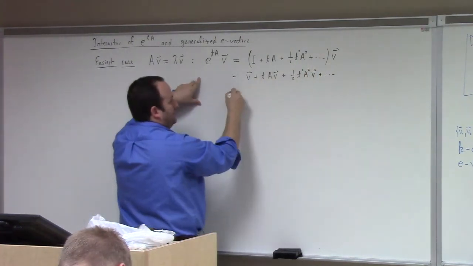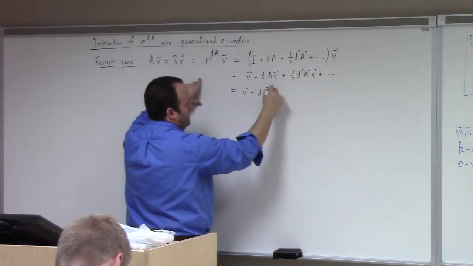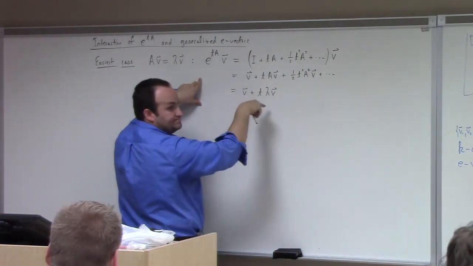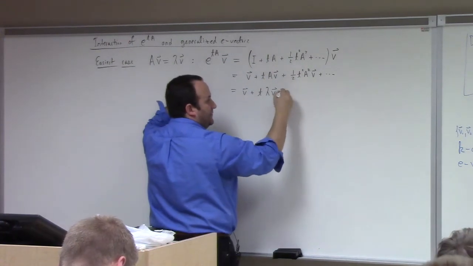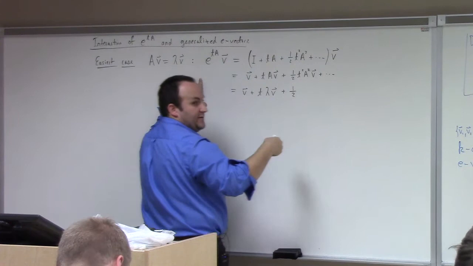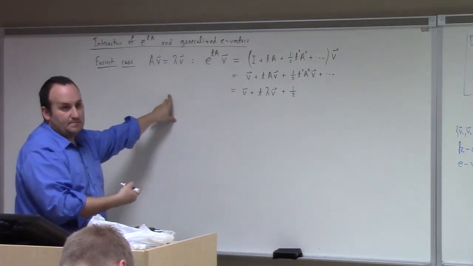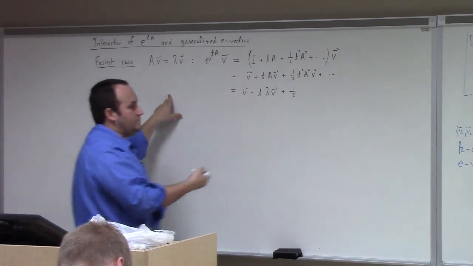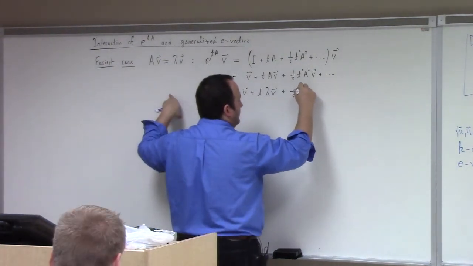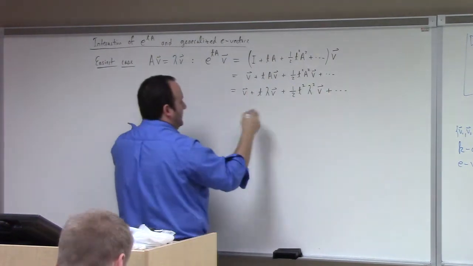So that gives me lambda v. What happens when we apply A twice on v? We produce one lambda from the first application of A and another lambda from the second application of A, so this gives me t squared lambda squared v. There's a v everywhere, so you can pull it out.